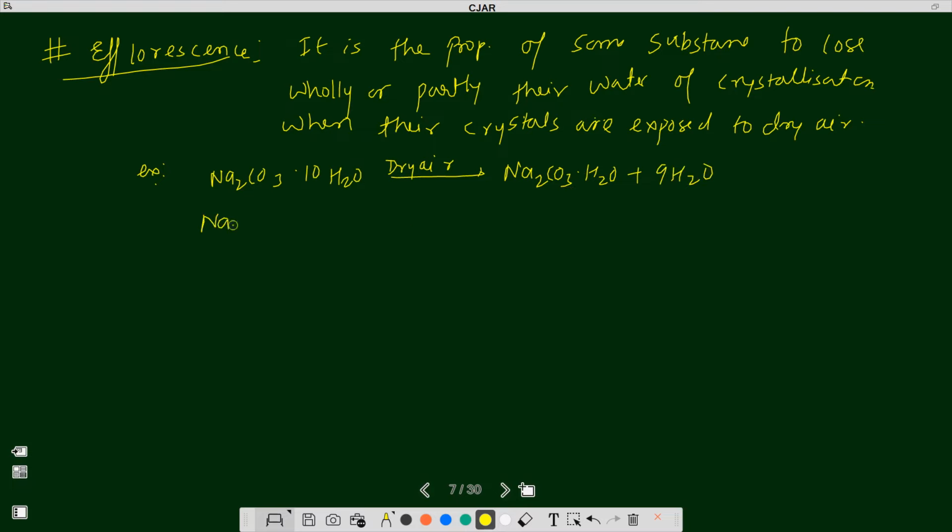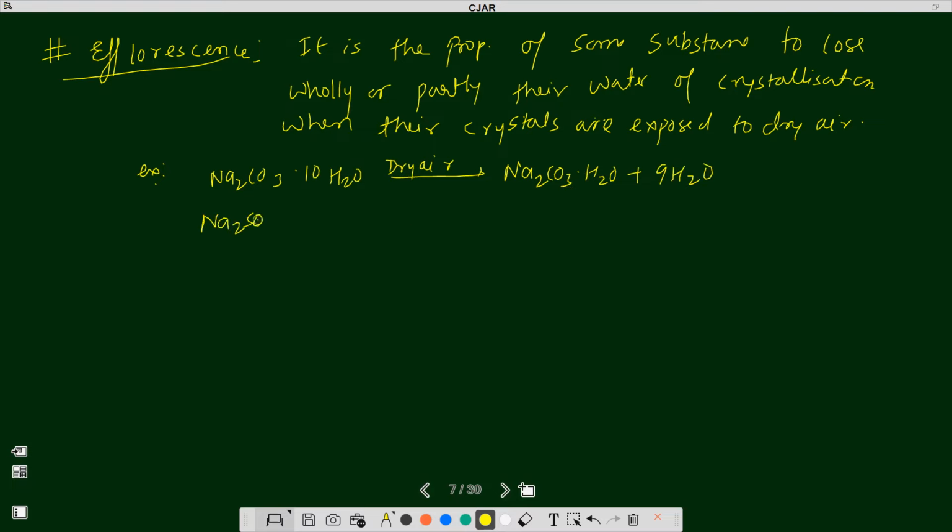When you take Na2SO4.10H2O, Glauber salt, and expose it to dry air, it completely loses its water molecules. So it is partly in one case and wholly in the other. Understood? It is efflorescence.